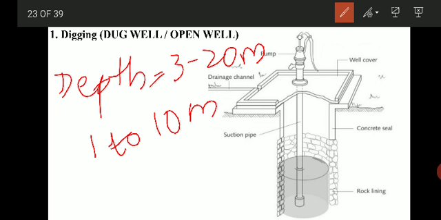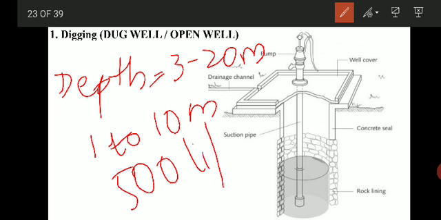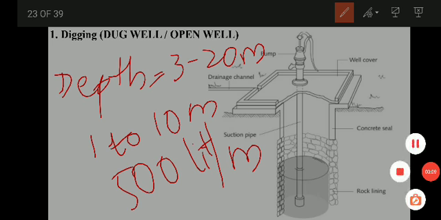That is the yield of the well from a dug well. A modern dug well is lined with casing of wood, or usually nowadays we go for bricks or rocks, or even concrete lining is provided for such wells.